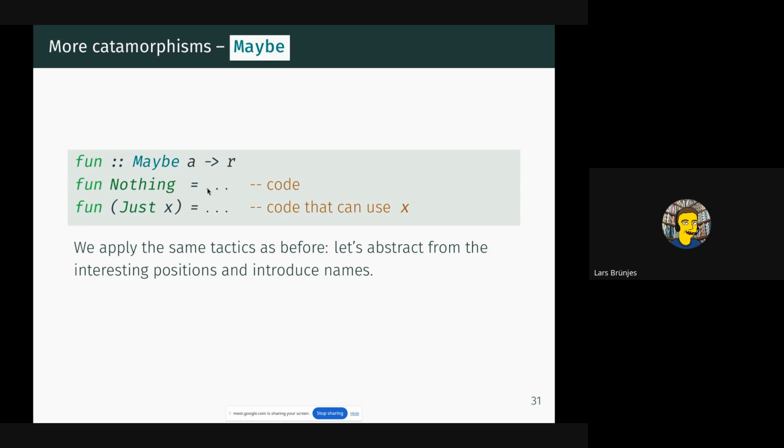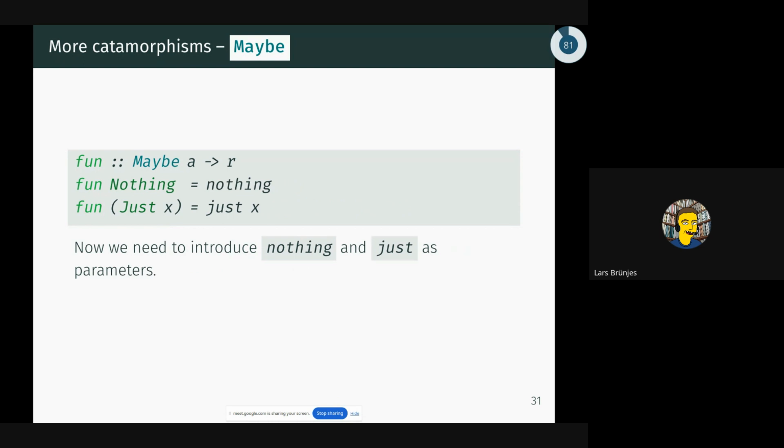For the Nothing case, we must do something, and for the Just case, we must do something. But what we do for this case can make use of the x, of course. So if again we give names to things, we could call them suggestively lowercase nothing and lowercase just. Then lowercase just is a function that depends on x. We can make use of the x on the right-hand side here.